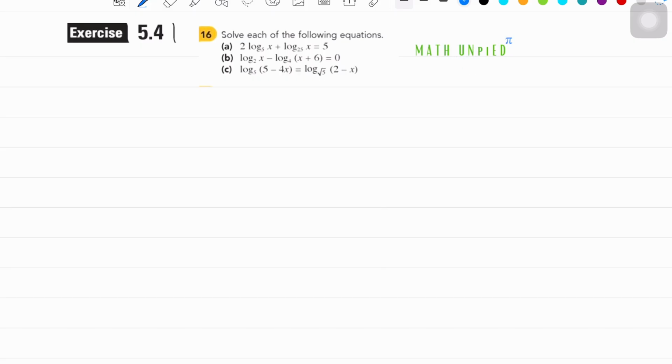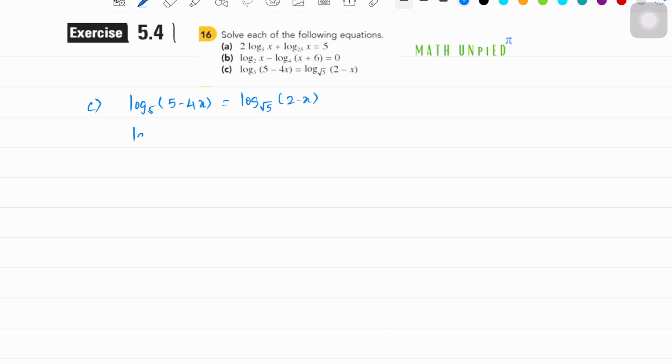Now let's move on to C. This is log base 5 of 5 minus 4x equals log base root 5 of 2 minus x. Now as usual we'll do the change of base rule.